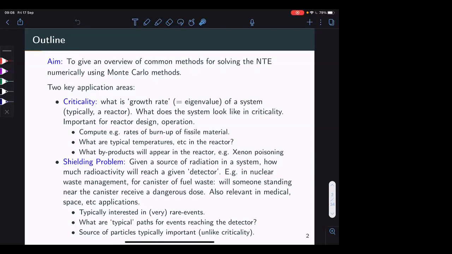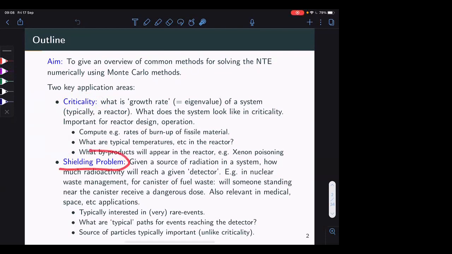How much protection do I have to put in to make them safe? In some ways this is a more general class of problems than criticality, which obviously is important if you're building weapons, which we hope you aren't. But I think the more common application for most people is in reactor design.